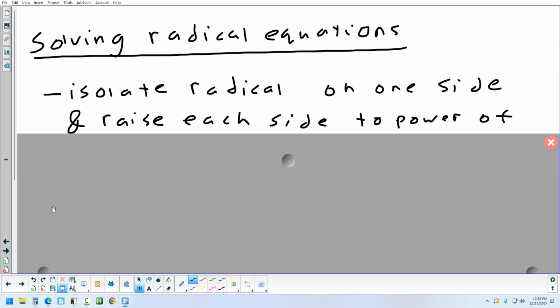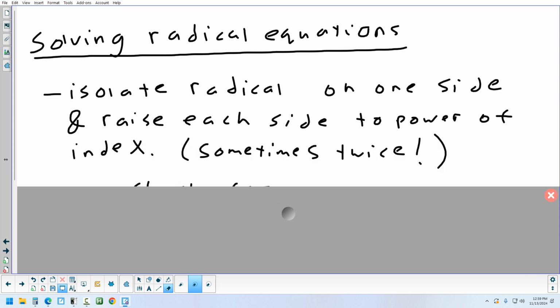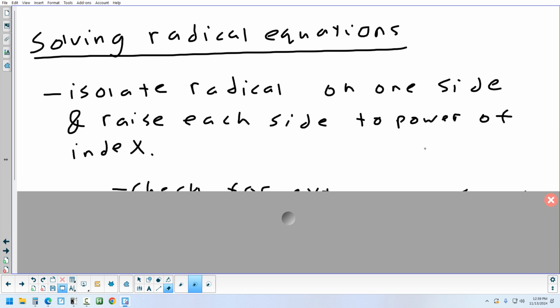So the goal when you are solving an equation that has a radical in it is to isolate the radical on one side. Okay? That means to get the radical alone. Here is an example of an equation that has the radical alone.